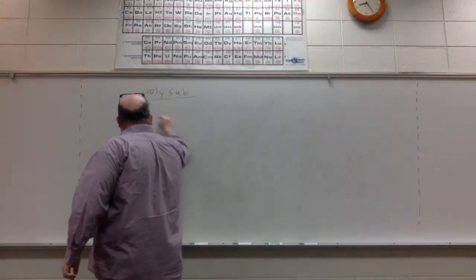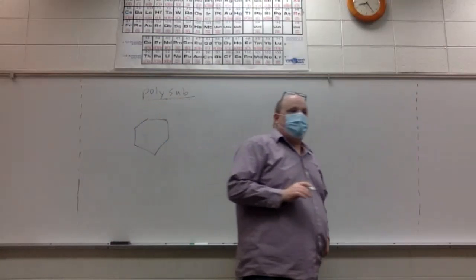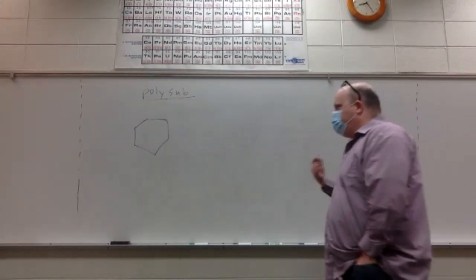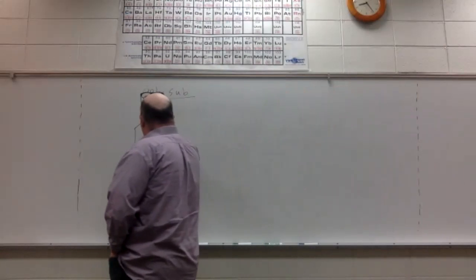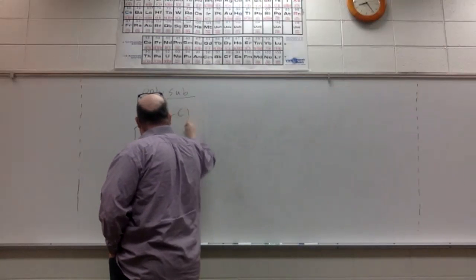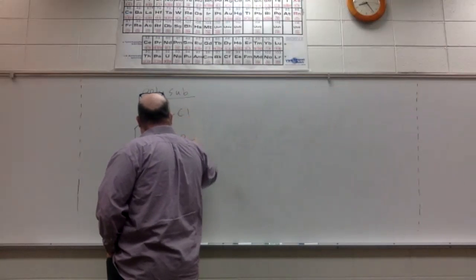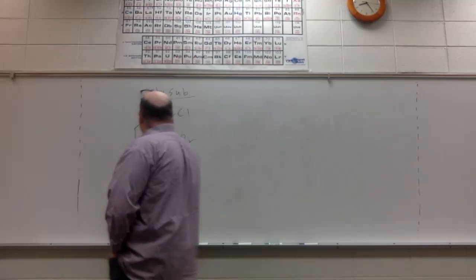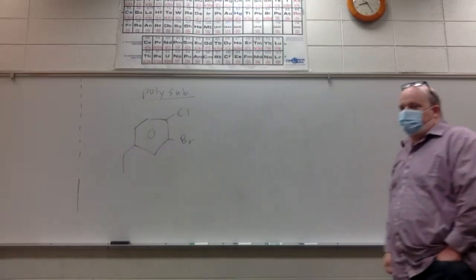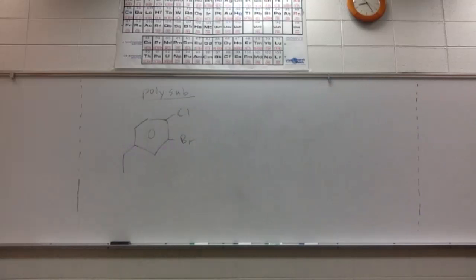Now, once you start getting polysubstituted species, you're going to have to start numbering the carbons in your benzene ring. So let's say we have something like this. Do y'all remember how we numbered stuff on a cyclohexane ring or any alkane ring before? We treat it the same way, right?